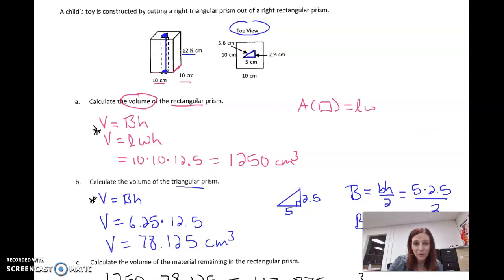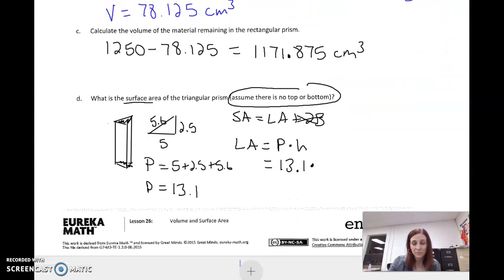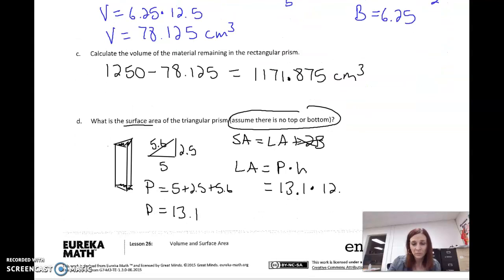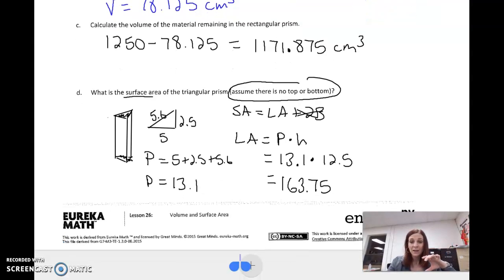Well, again, how far apart are the triangles? They're 12.5 centimeters. So take my calculator, 13.1 times 12.5, and I get 163.75, because I'm not adding the two bases on, because there's no top and bottom, right? And this was centimeters. So again, surface area is square centimeters.